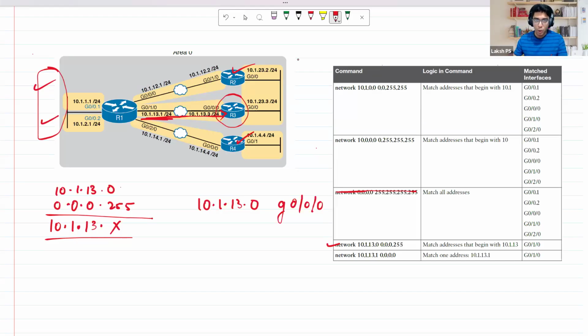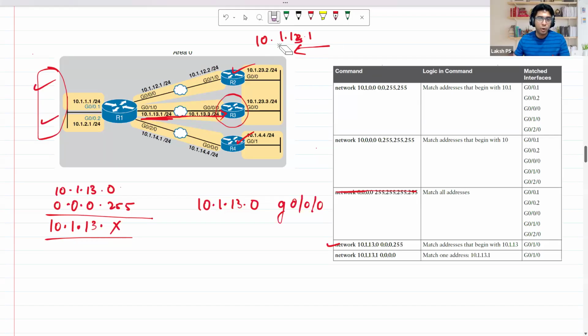They do not know. So if any data comes over here for, let's say, 12.1, R2 does not know because R1 did not advertise it. Or let's say the 13 network, R2 does not know about it. R4 will also not know about it, and these devices will also not know about 10.1.13.